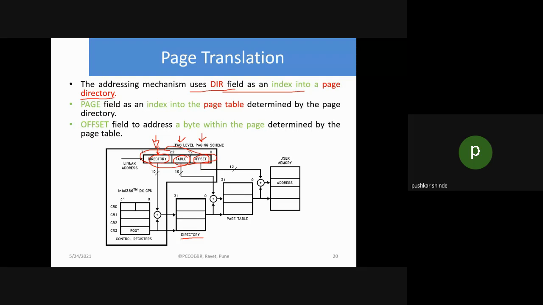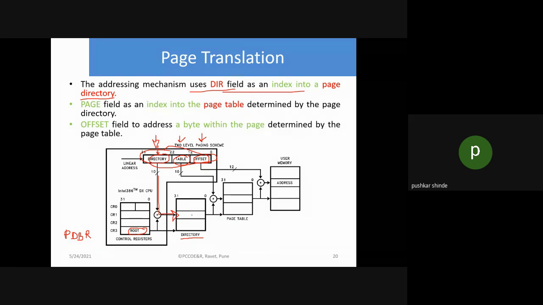The base address of the page directory is stored in the CR3 register, control register 3, which is also called PDBR, page directory base register. It contains the base address of the page directory. And the dir field of the linear address contains the index in the page directory. Okay.